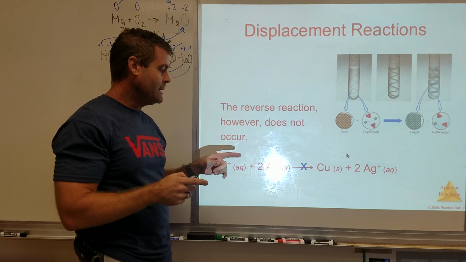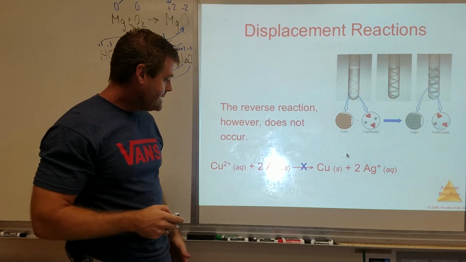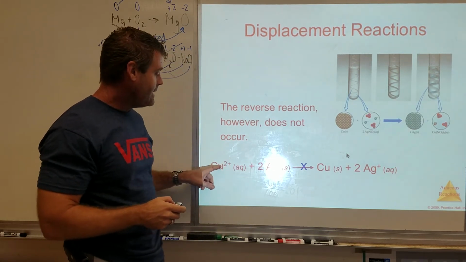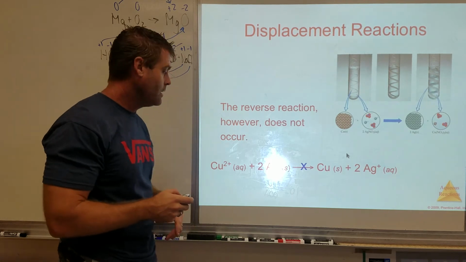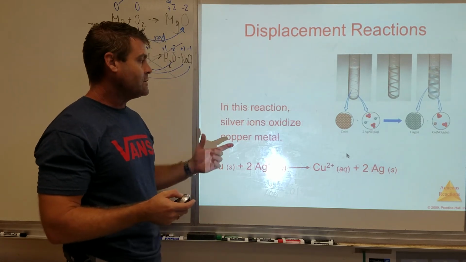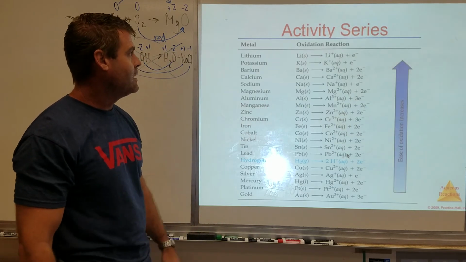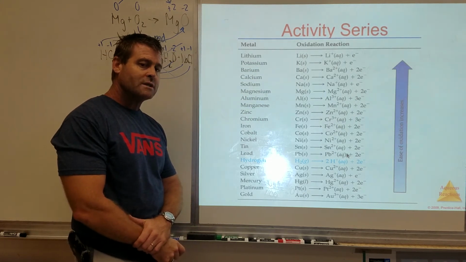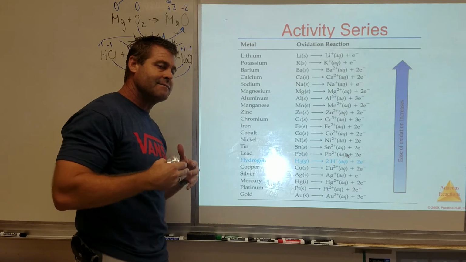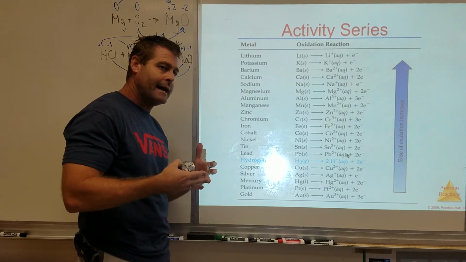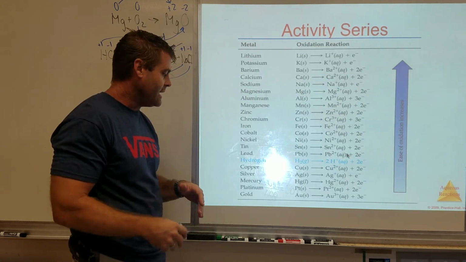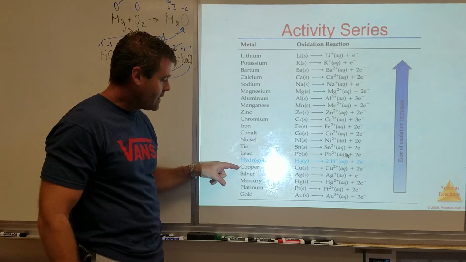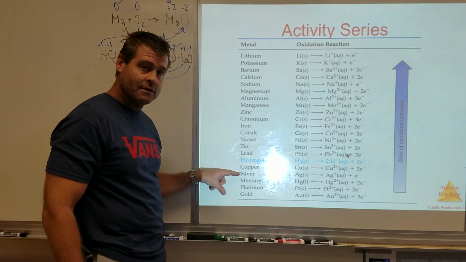I'm going to go back to it. So the question is, why does silver not oxidize copper? And it goes back to this. If we look at our activity series, you guys see, what is the more active metal? What's the one that's more likely to be oxidized, form a positive ion because it lost an electron, than the other? Because look, copper is higher on the activity series than silver.